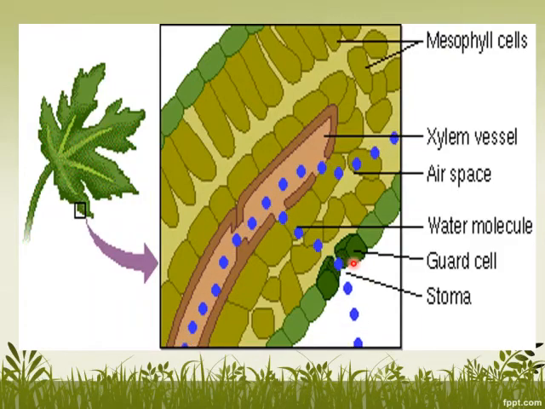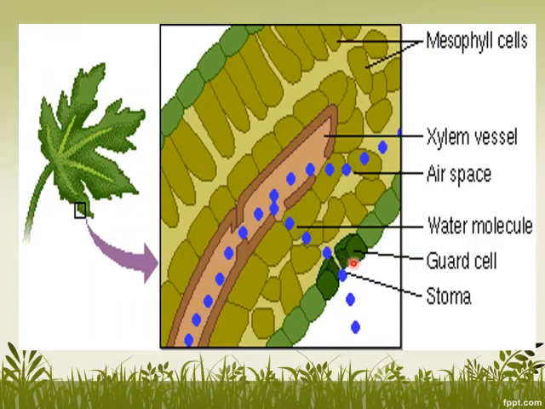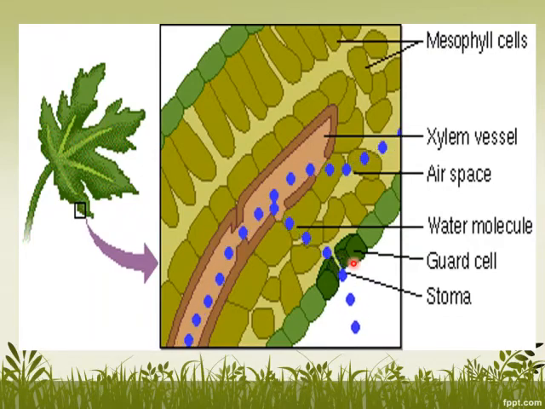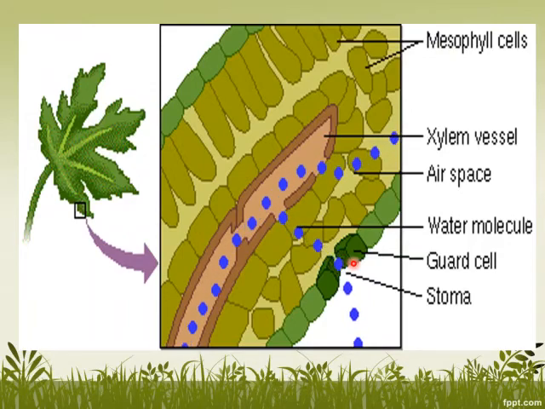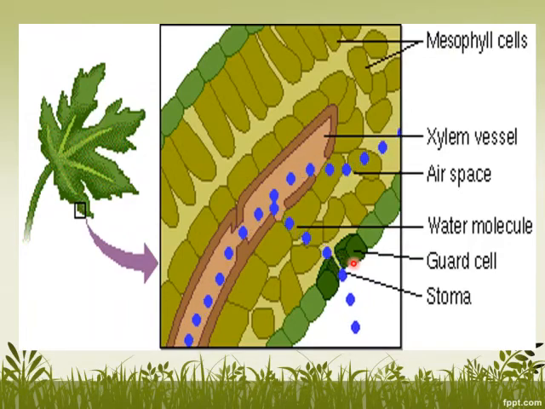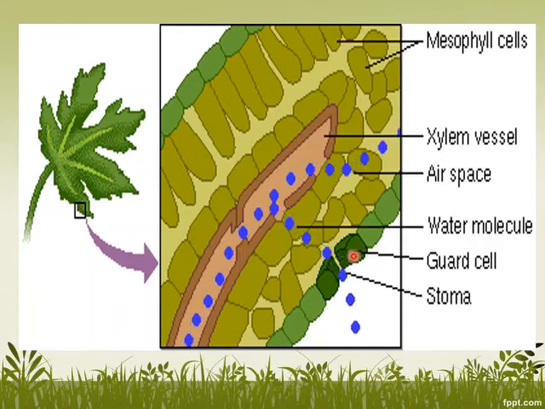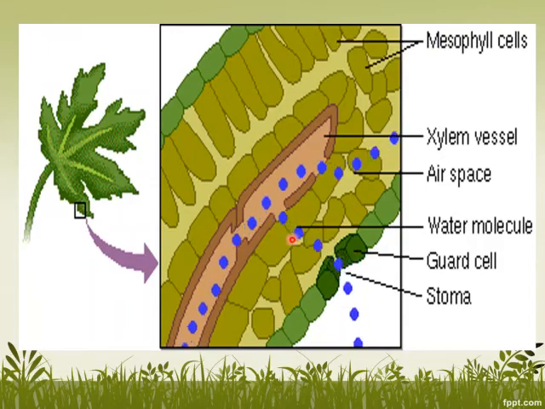So this is what the function of xylem vessels is. They transport water molecules, and this is the tube that is responsible for the transportation of water.